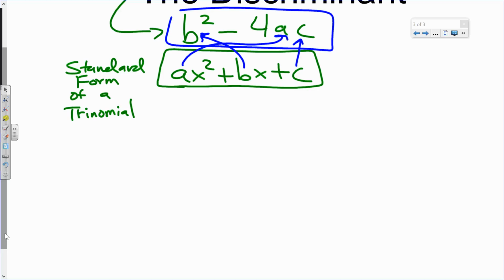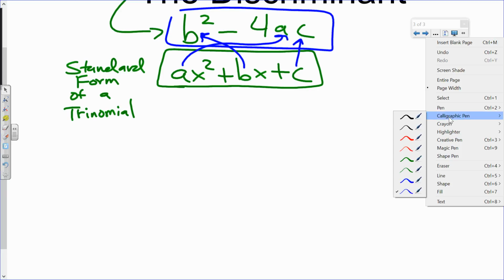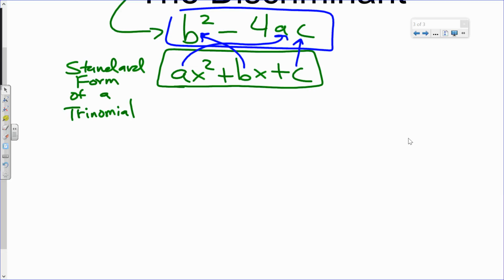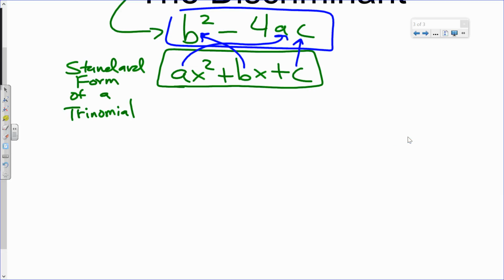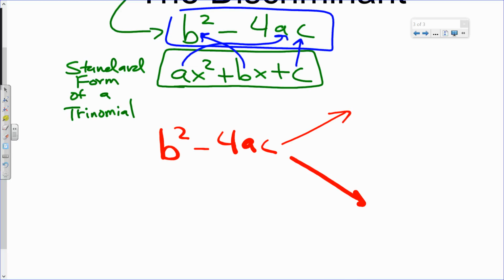Here we go. How does this discriminant allow us to discriminate is the question. So, here's how. We'll write b squared minus 4ac. There's two possibilities. We'll draw two arrows. Watch this.